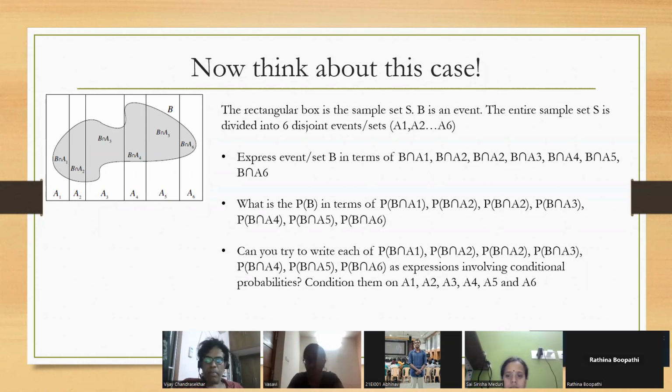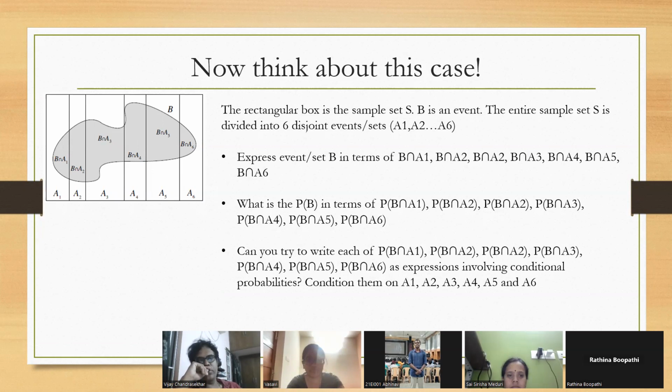And what we are doing is we're dividing the whole sample space, or sample set, into 6 different events called A1, A2, A3, A4, A5, A6. Question number 1. Are these 6 events A1, A2, A3, A4, A5, A6 disjoint? Just have a look at the image and tell me.